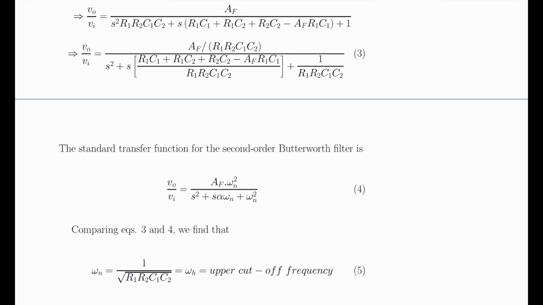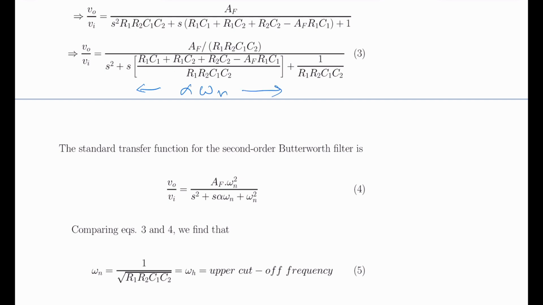Moreover, see here, in equation 3 we have S square, and here also S square. The coefficient of S here is this factor, and the coefficient of S in equation 4 is alpha omega n, and therefore this term must be alpha omega n.